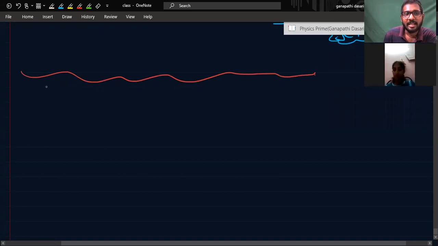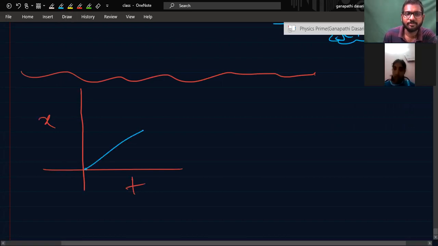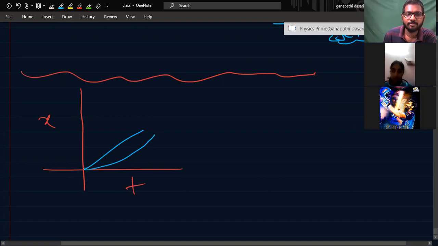So next, here we'll study the XT graph first. Different kinds of XT graphs I'll draw. One line, two, three, four, five.